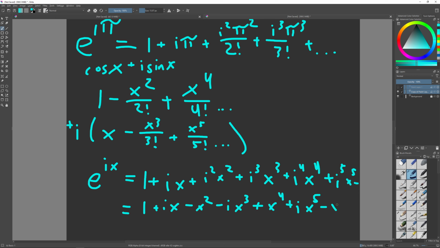Be minus x to the 6th. And I've left out all of the divided by factorial things. So over 2 factorial, 3 factorial, 4 factorial, 5 factorial, 6 factorial. Okay. Now we compare this to this stuff over here.